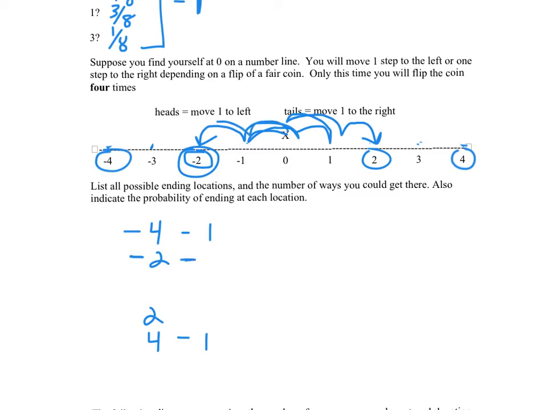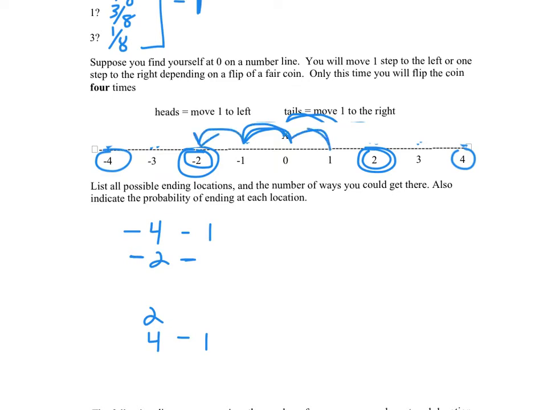We could get a heads, heads, heads, tails, but we did that one already. We get a heads, tails, heads, tails. Oh, there's another way. Ooh, let me back that up. So 2 ways to get to 2, 2 ways to get to -2. So we could have a heads, tails, heads, heads.